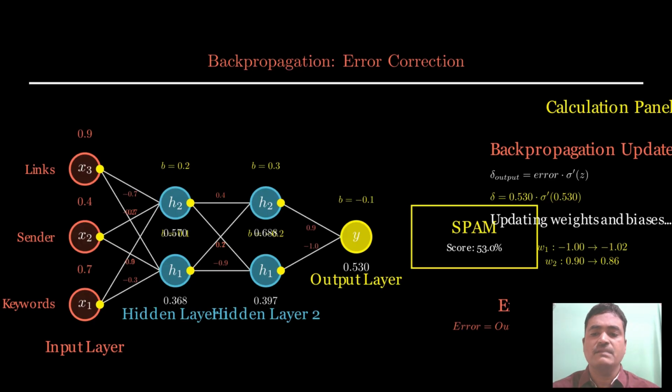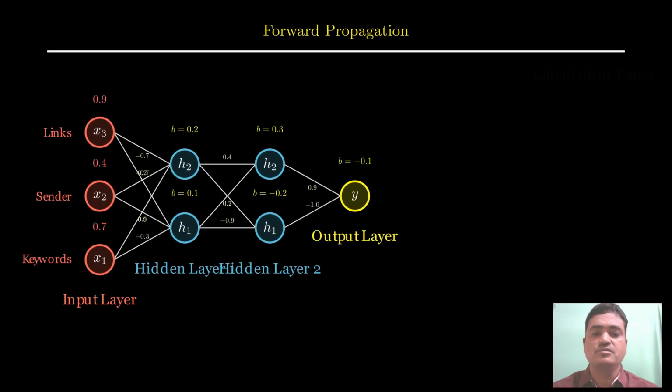This visually represents how error information propagates back, signaling to each layer how much it contributes to the prediction error. The calculation panel shows the backward propagation formula very clearly to calculate the existing error in the model.